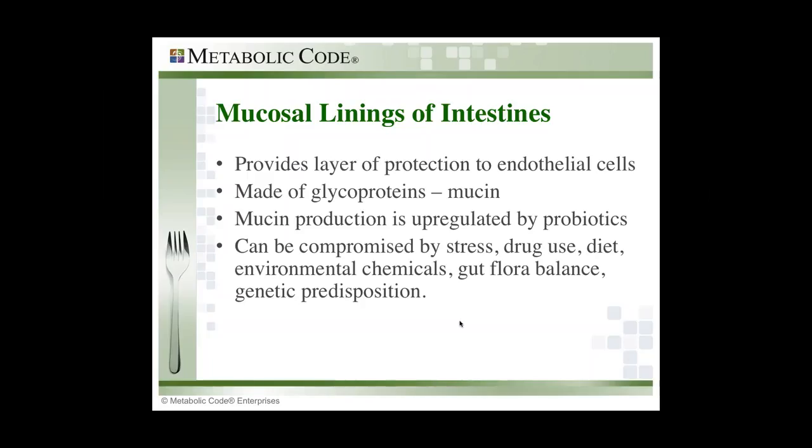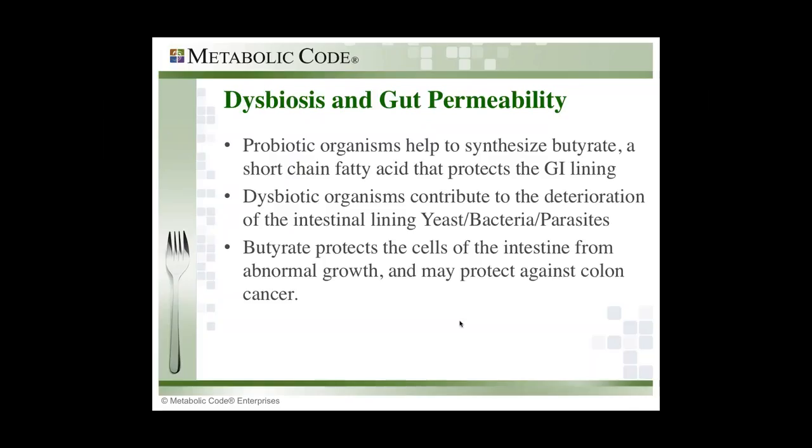So this is where it starts, is something happens that dysregulates these probiotic organisms in the intestines that synthesize butyrate, which is important for feeding the epithelial cells that are lining the intestines. That's what they use for fuel.